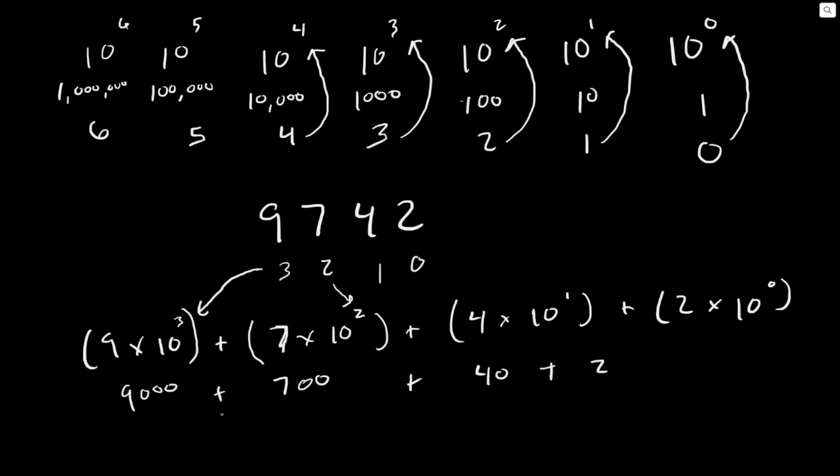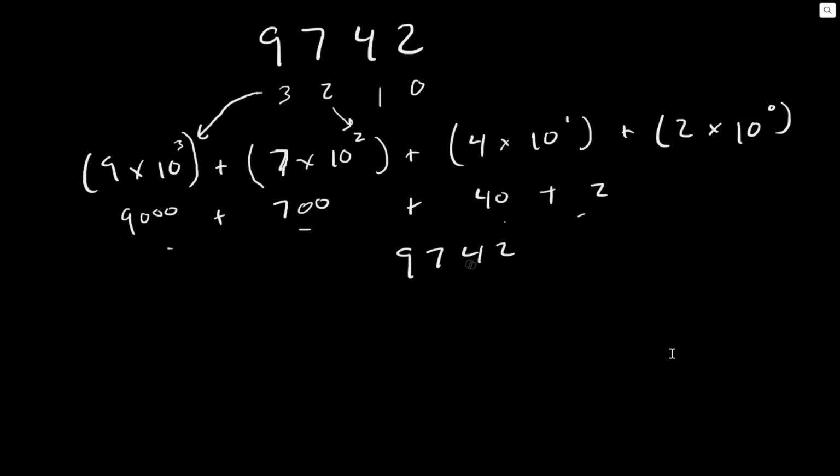Of course, 9,000 plus 700 plus 40 plus 2 is 9,742. Seems straightforward, but this is for the sake of becoming familiar with what we're about to be doing, which is working with binary.